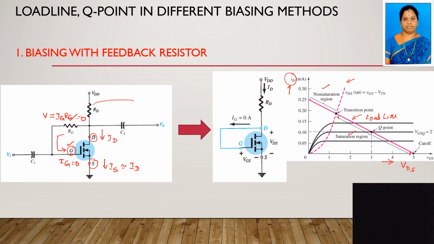The Q point will give you two values. In a two-dimensional graph, any point has an x as well as a y value. On the x-axis we have VDS and on the y-axis we have ID.